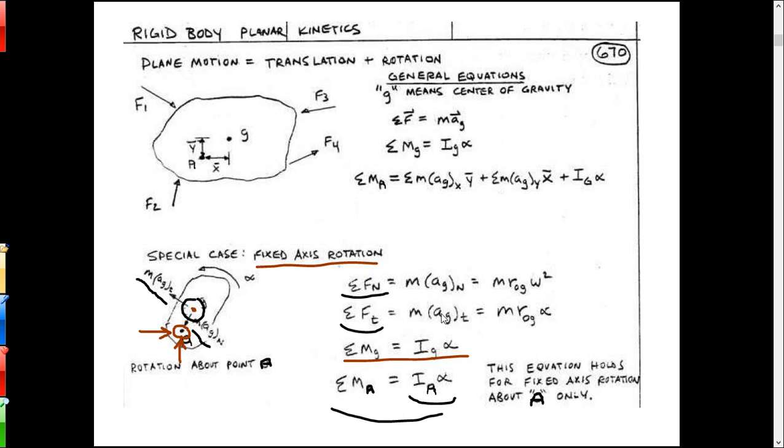Those would enter into finding those reactions, because those accelerations are the normal and tangential accelerations of the center of gravity. Multiply that by the mass and you get the ma part of the equation.